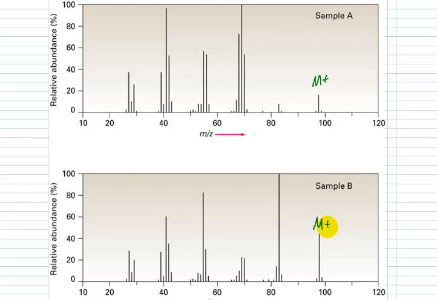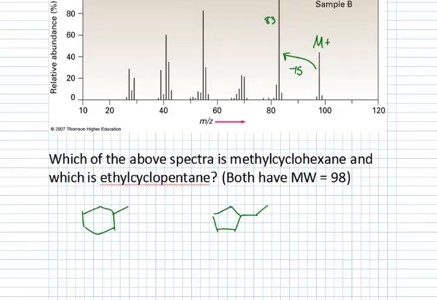So start with the molecular ion. That was at 98. Remember what I said with hydrocarbons? Try subtracting 15. You'll often get a peak there corresponding to removal of one methyl group. So 98 minus 15 should be 83. All right, 81, 82, 83. Let's see if that makes any sense in our molecules here. Definitely methyl cyclohexane.